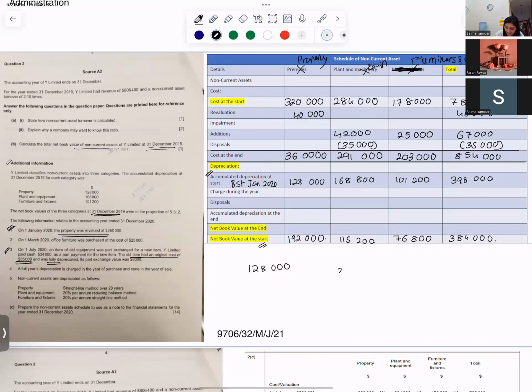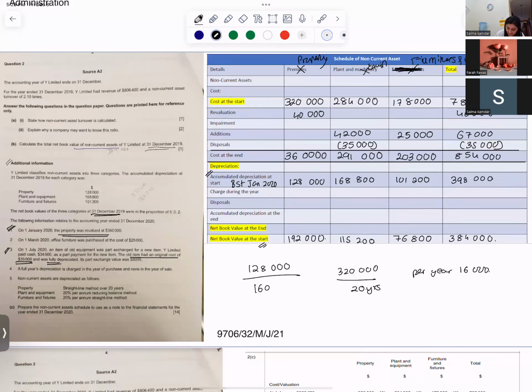Can I say 320,000 is the cost of the asset at the start? 20 years. So per year it would be how much? 16,000 per year. So 128,000 divided by 16,000.